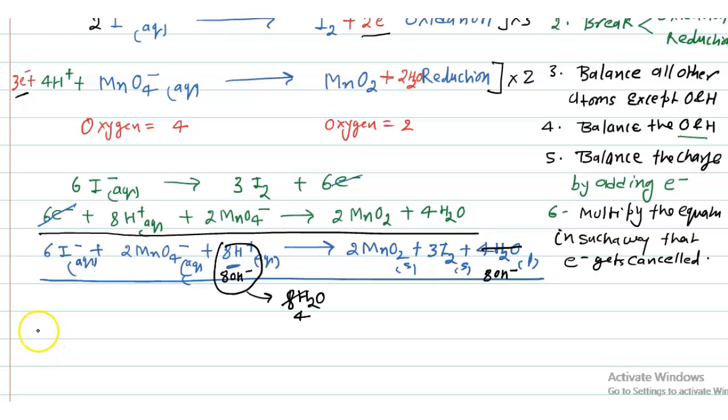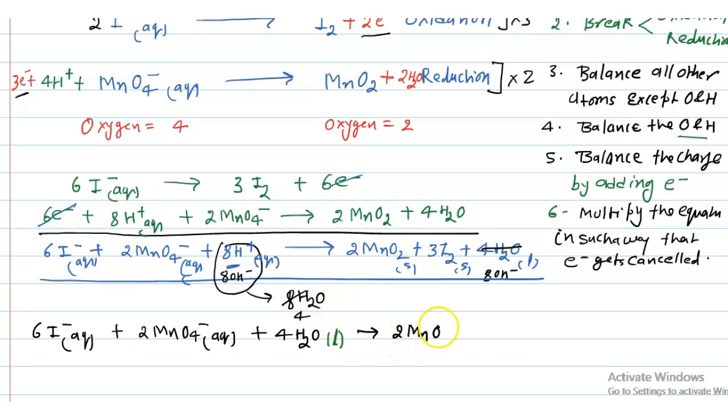Our final equation will be: 6I minus aqueous plus 2MnO4 minus aqueous plus 4H2O liquid gives 2MnO2 solid plus 3I2 solid plus 8OH minus aqueous.